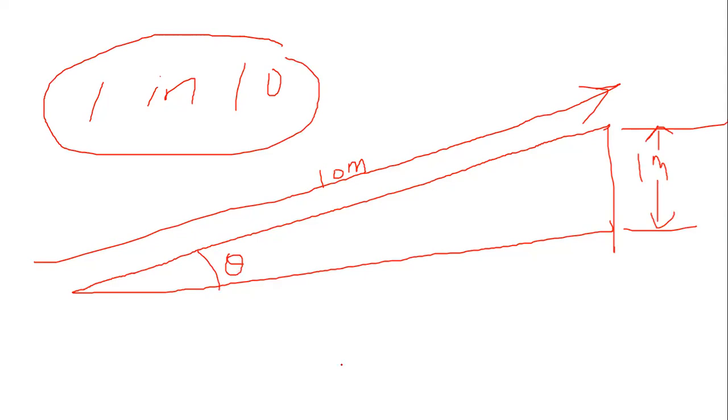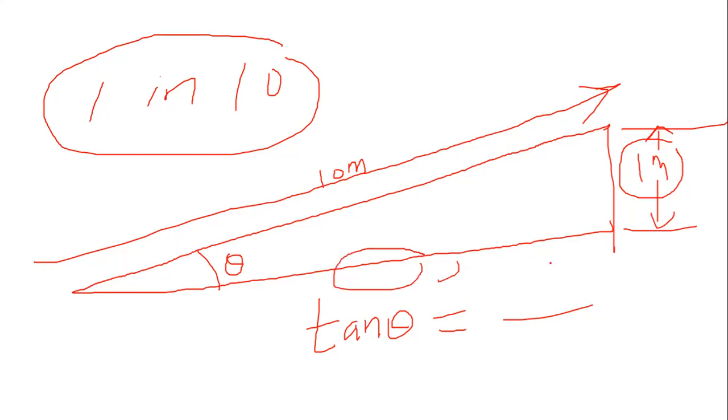So if the angle is not given, then how to find it? Tan theta is equal to this and this. So we need to find out this. So while solving the numericals, this can be found with the help of tan, and if it is not possible with tan, then we can have another relation.